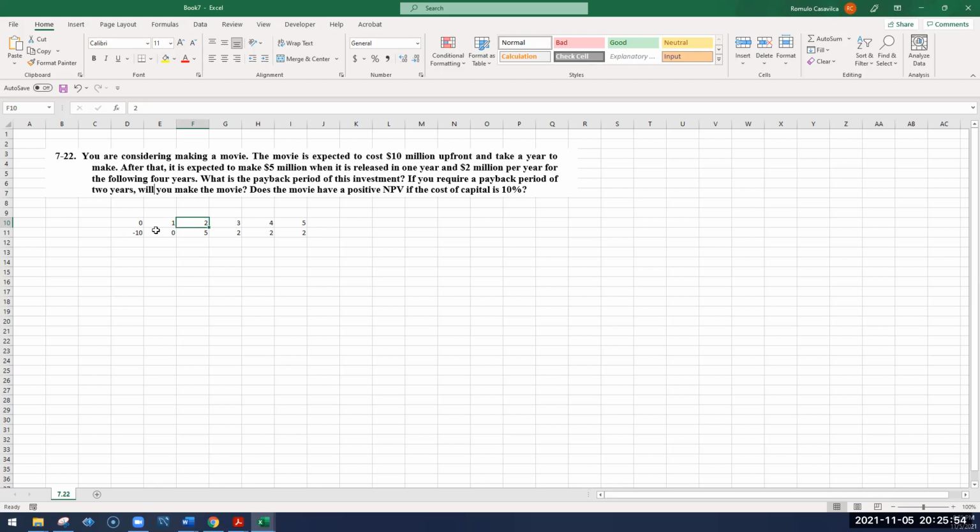It takes 1 year to make the movie, so 1 more year is the second year, and the 5 million goes to the second year. And then it says 2 million per year for the following 4 years. So this is 1, this is 2, this is 3, and this is 4. That's how they're considering it.